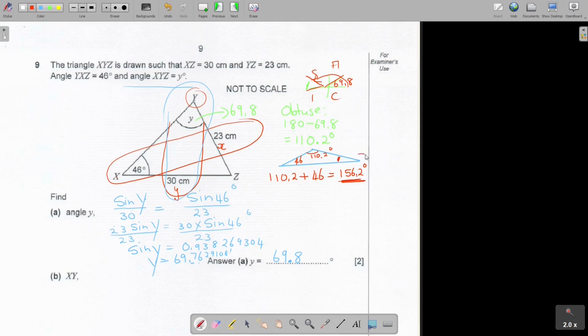So that angle Z, that's Z, and this is X, and then this is Y. So to get then that angle Z, it would just be 180 minus that 46 minus the obtuse version, 110.2, so 180 minus 46 minus 110.2, and that will then be 23.8.